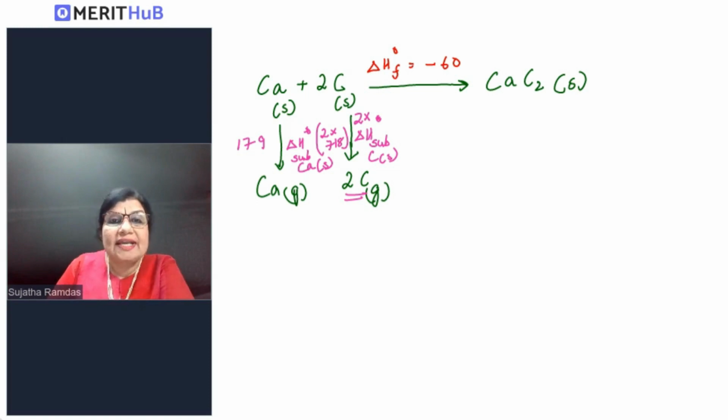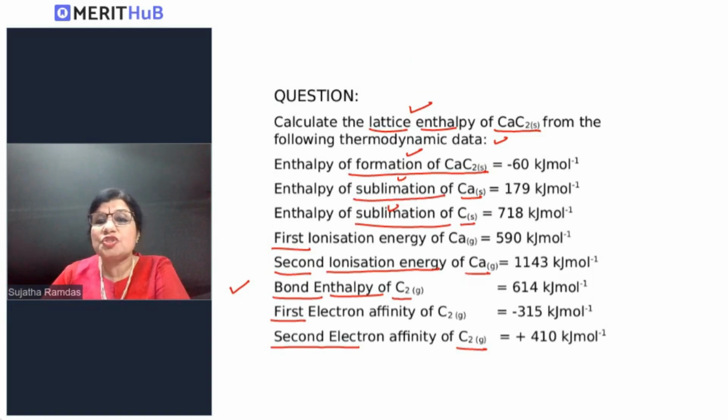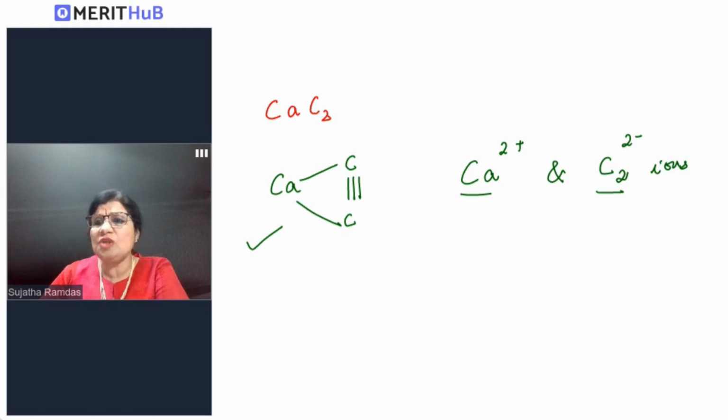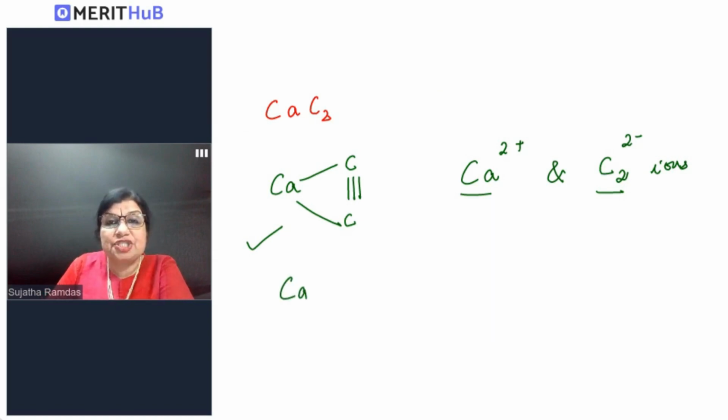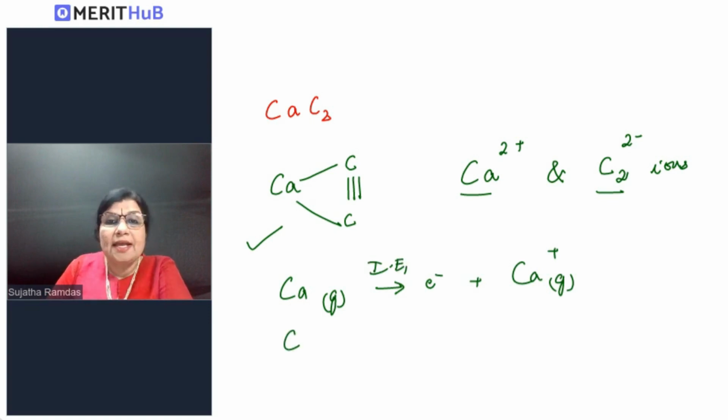Once we are done with converting the solid atoms to gaseous atoms, the next step involves the formation of ions. Gaseous calcium atom will lose 2 electrons, not in one step but one after the other, and 2 different energies are absorbed, called the ionization energy. So we have 2 successive ionization energies, IE1 and IE2. When the gaseous calcium atom loses 1 electron, it forms Ca+ gaseous, and we call it the first ionization energy.